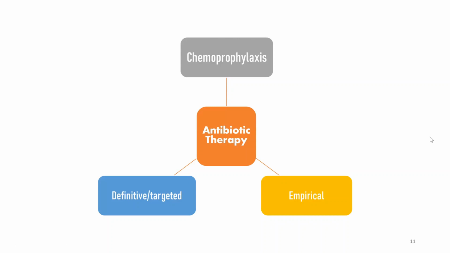The second indication is empirical therapy, where the patient has already presented with signs and symptoms of infection, but you don't know yet what is the pathogen that caused the patient's condition. And afterwards, after you review the culture and sensitivity result, then you can apply antibiotic for definitive or targeted therapy. So we will look briefly into all these three indications for treatment.